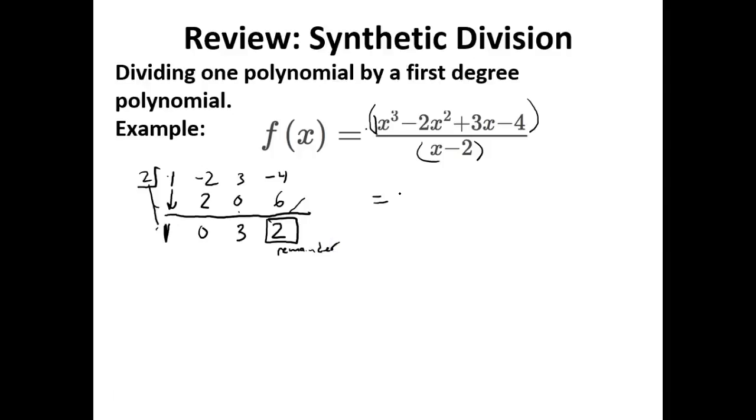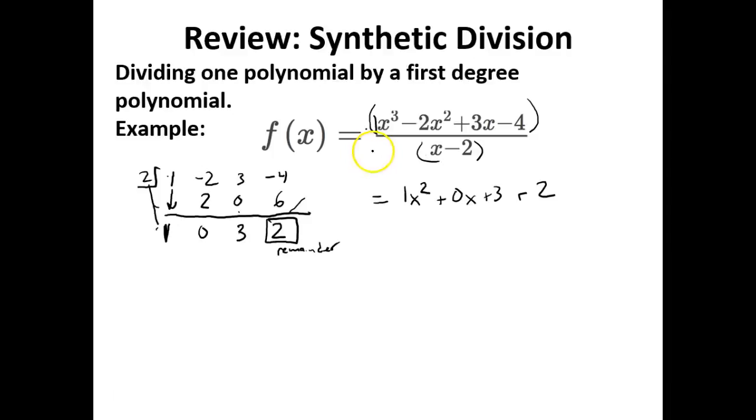So what we are going to get is 1x. We started with x to the third, so this drops it by a power: 1x squared plus 0x plus 3, remainder 2. That's what synthetic division does for us.